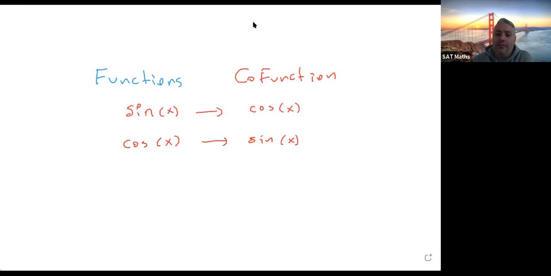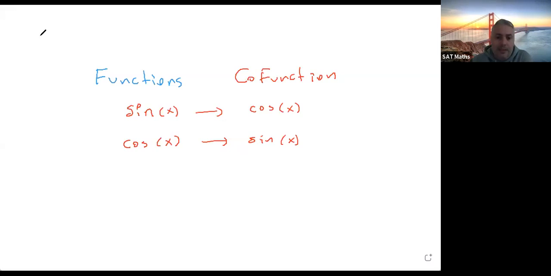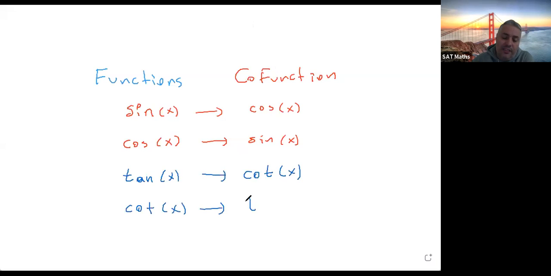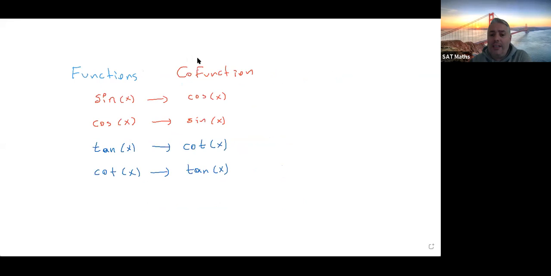If you have tangent of x, its cofunction is cotangent of x, and so on. Second, cosecant, secant. Why is this important?